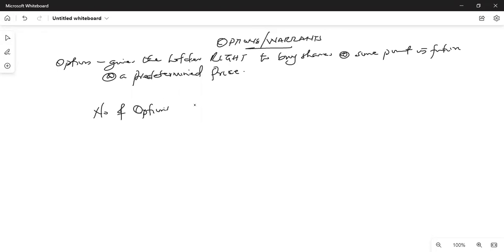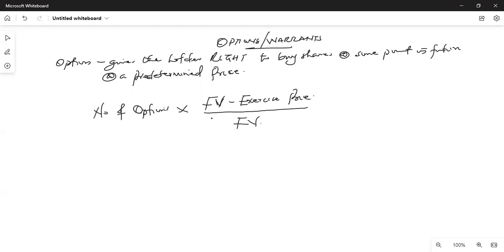And the number of options is actually given in a simple formula that you have. At fair value, the number of options is going to be your number of shares, and you divide it by the fair value minus the exercise price, all over your fair value.